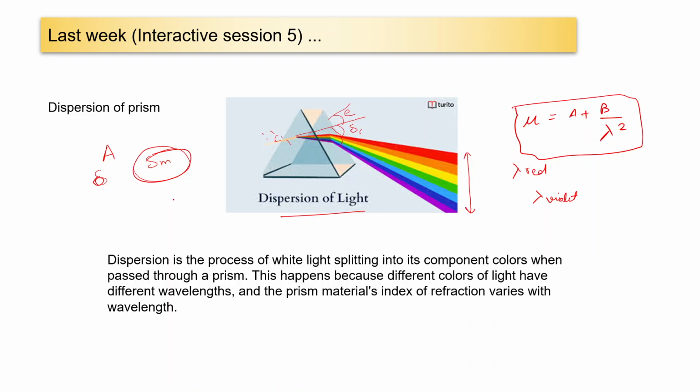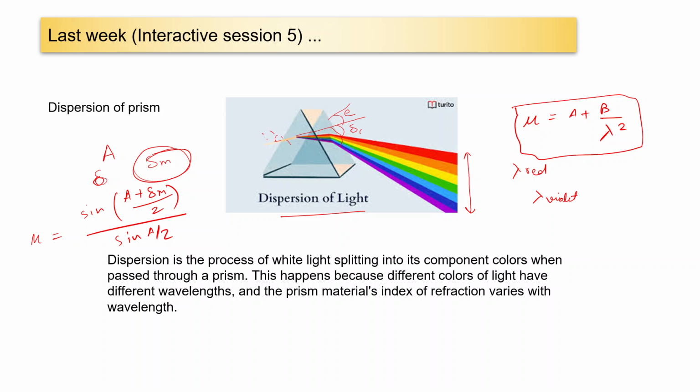We had seen the relation between them. I have not kept it here, but the refractive index is related as follows, where A is the angle of prism and this is the minimum deviation: the ratio of sine of (A plus the minimum deviation) by 2 to sine of A by 2. So this was the relation. Then we had found other relations with the refractive angles that we get inside.